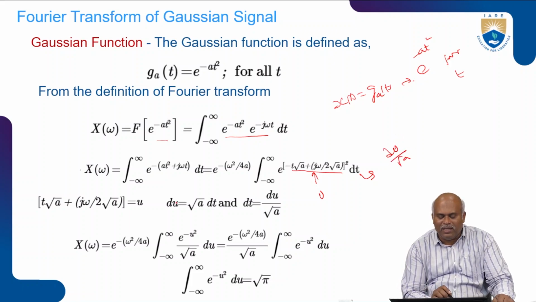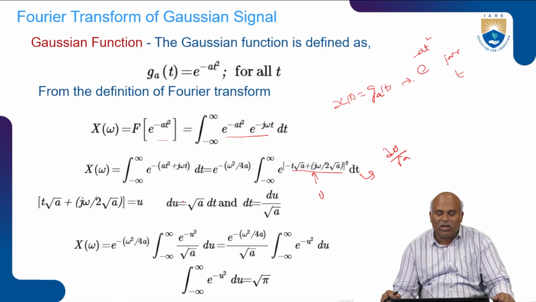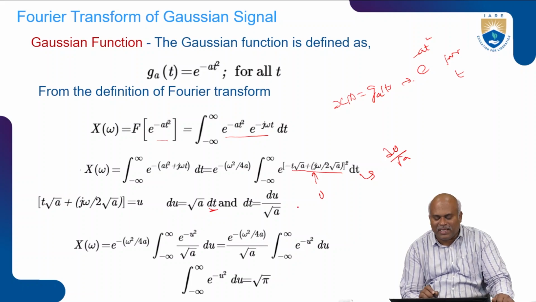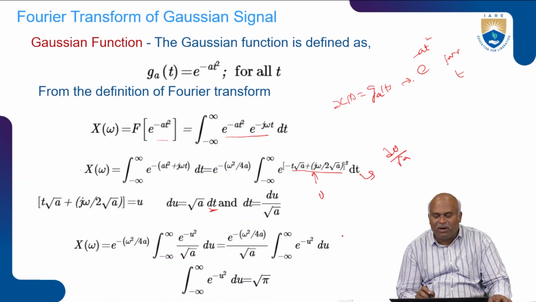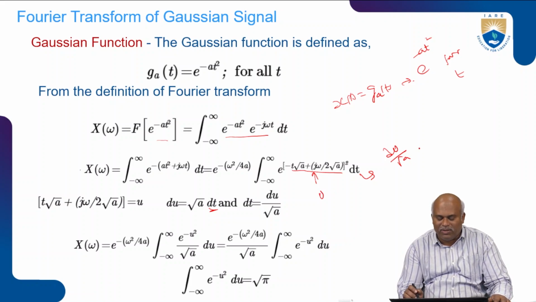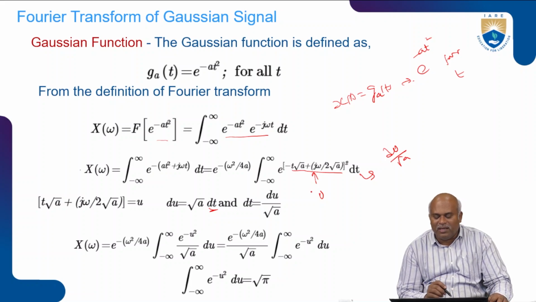Why? Because du is represented as root of a dt, and we need this for dt only. This root a came to the denominator on the left side. Then we modify the equation based on the substitution values of u and du by root a, instead of dt as well as the exponential.